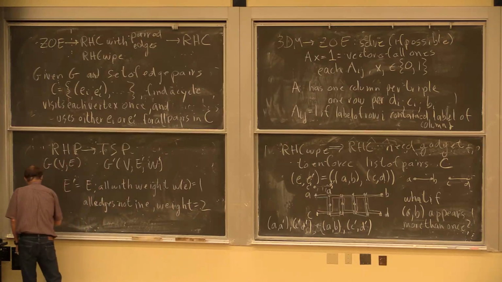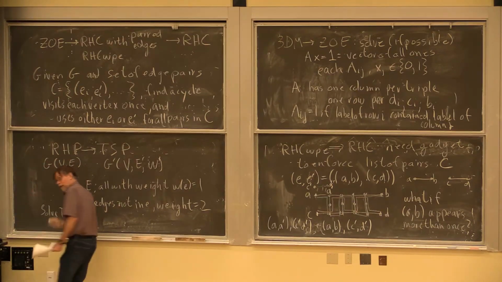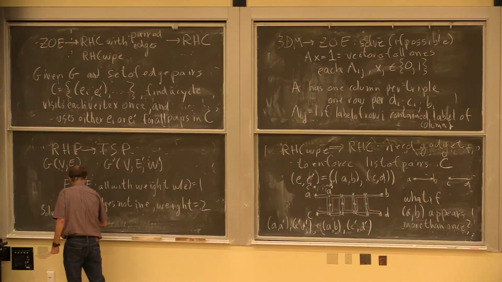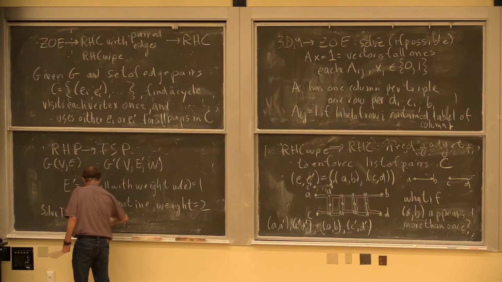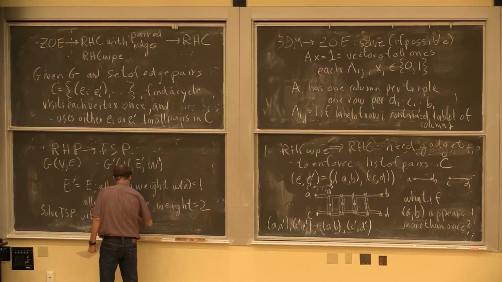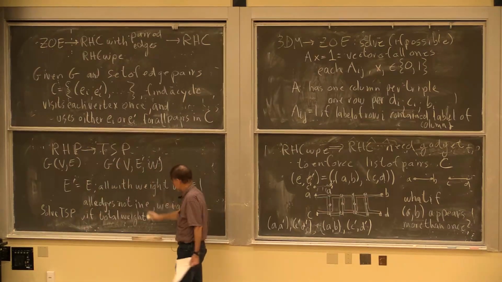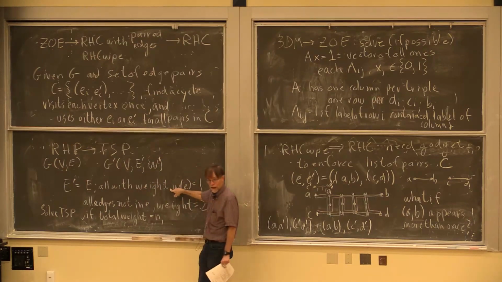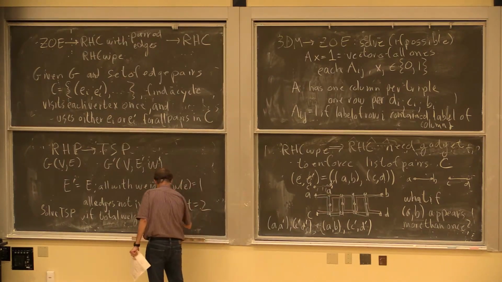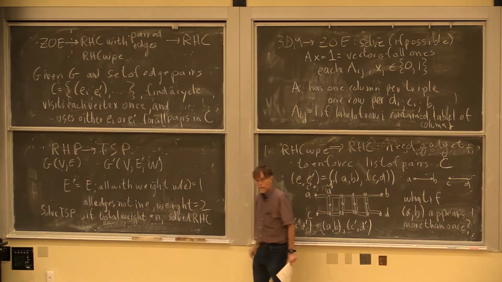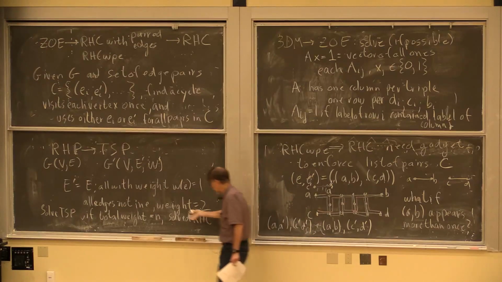So now I'll solve TSP, the traveling salesperson problem, with this new one. If the total weight of all the edges is n, that means I only use the original edges, because they all add up to 1.